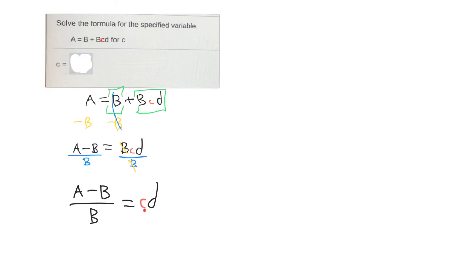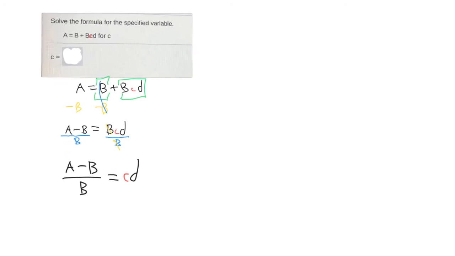Okay, now at the end of the day, we still want to get this red c by itself. Well, obviously, we will have to get rid of this d right here. Well, what's d doing to the red c? D is multiplying to the red c, so we have to do the inverse operation, which is, of course, division.